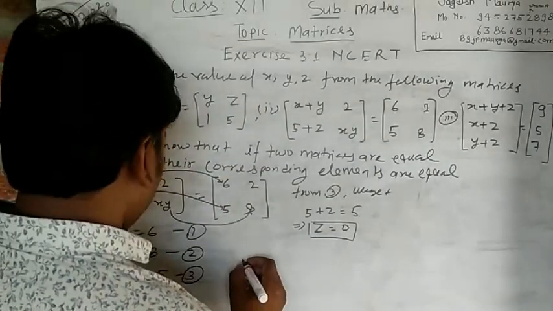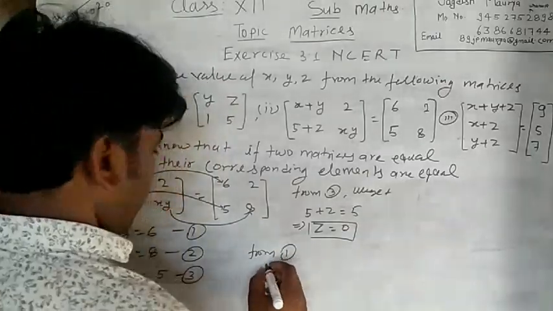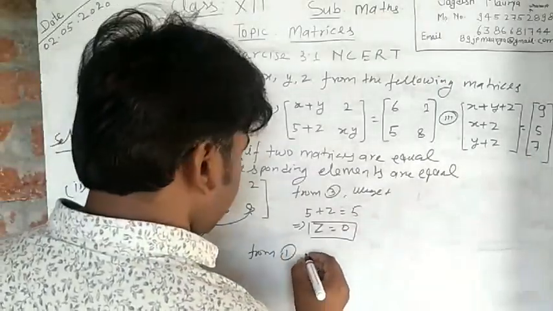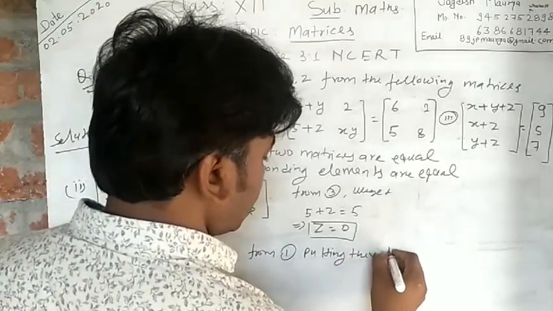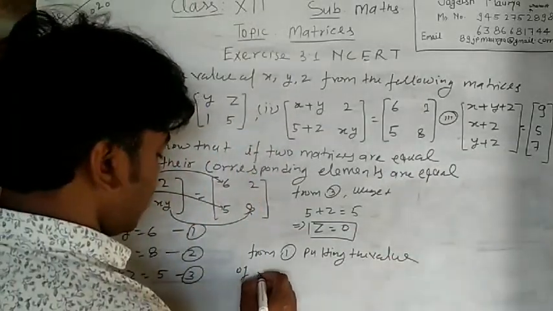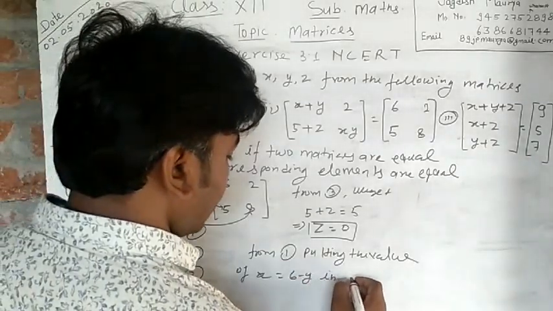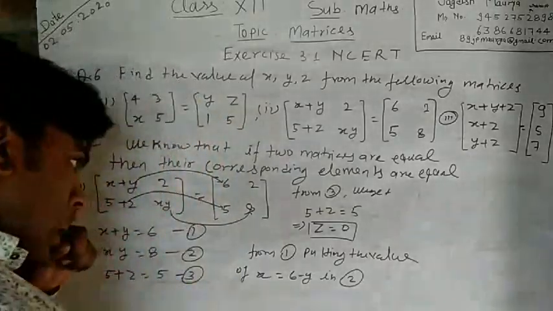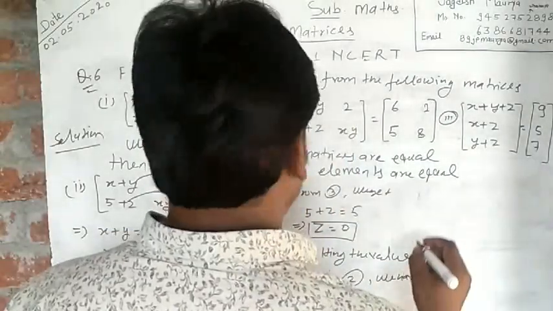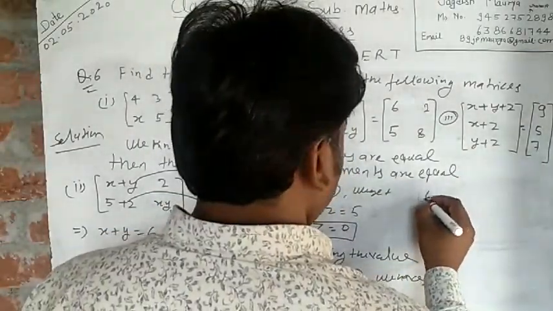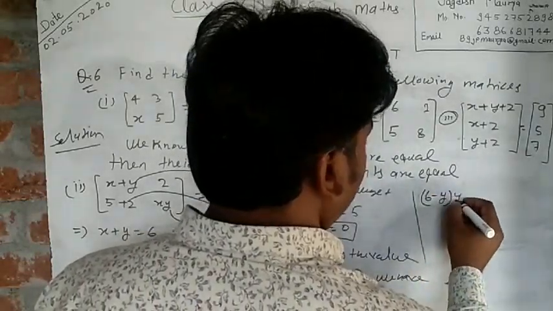From equation 1, x equal to 6 minus y. Putting this in equation number 2, we have 6 minus y into y equal to 8.